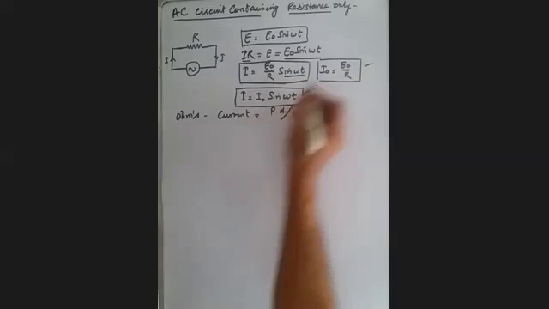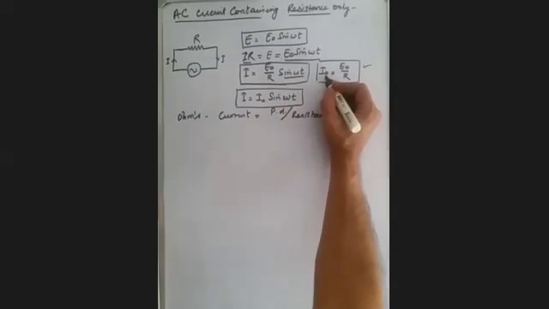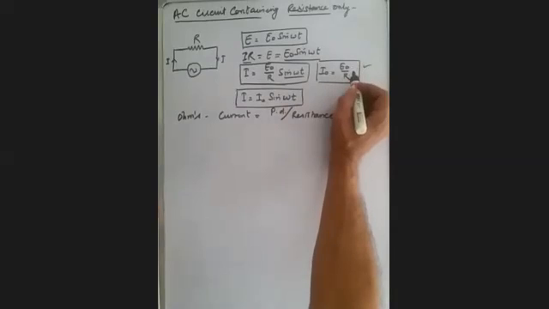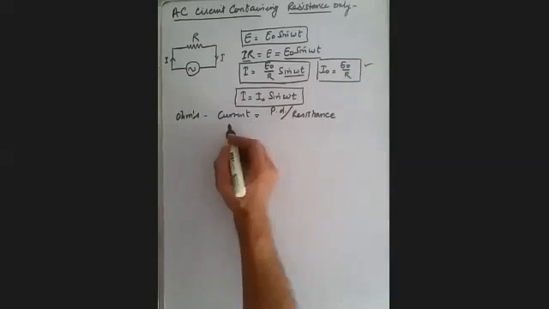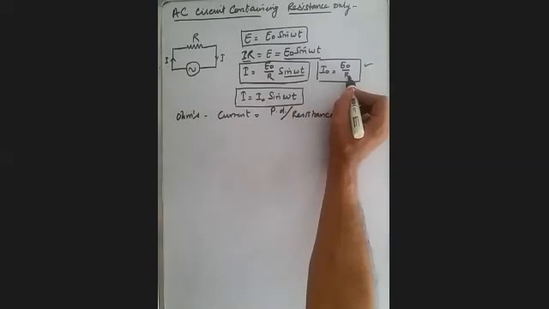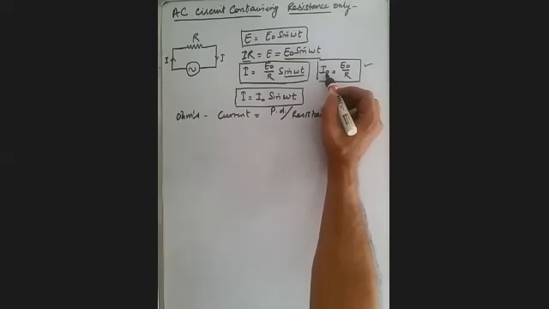That means the peak value of alternating current is equal to the peak value of alternating EMF applied divided by R. So the current is being limited by the resistance R when a source of alternating EMF is applied. It's similar to how the resistance limits the current in a circuit having a DC source.